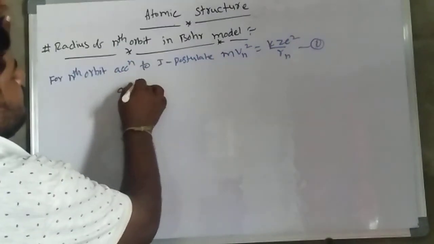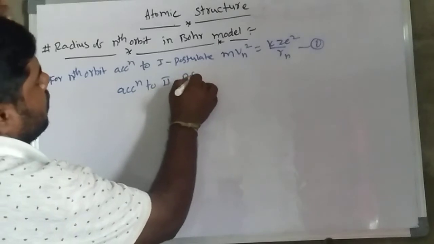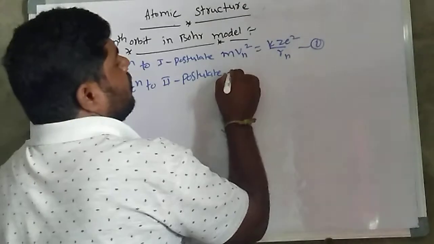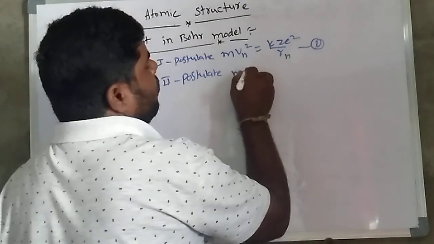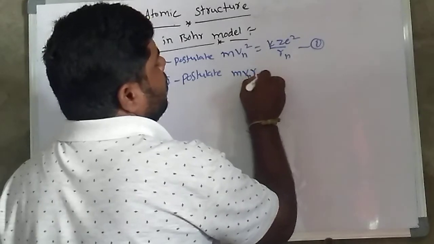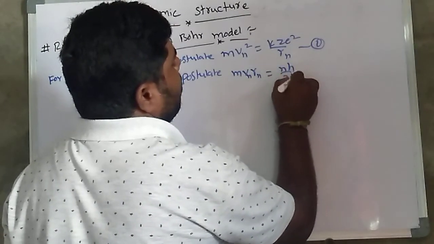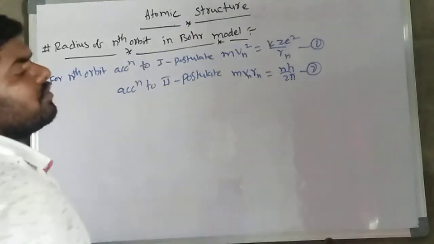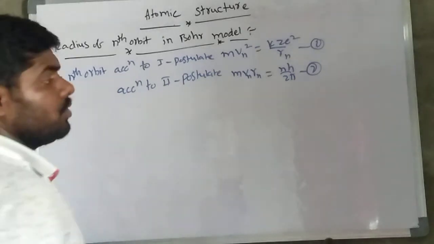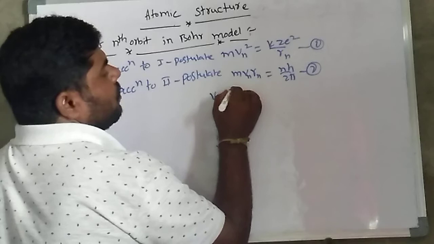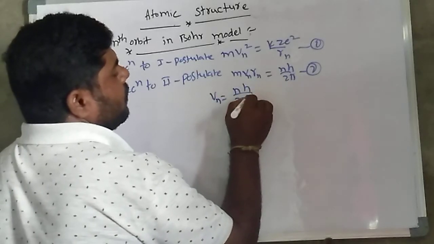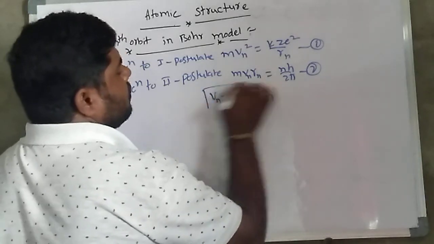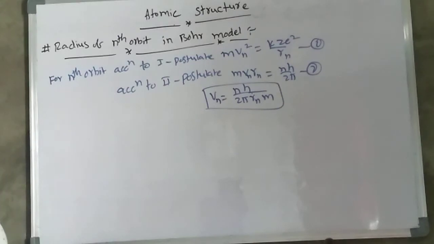According to the second postulate, m vn rn equals nh by 2 pi. From this, vn equals nh divided by 2 pi m rn. This is the velocity at nth orbit.